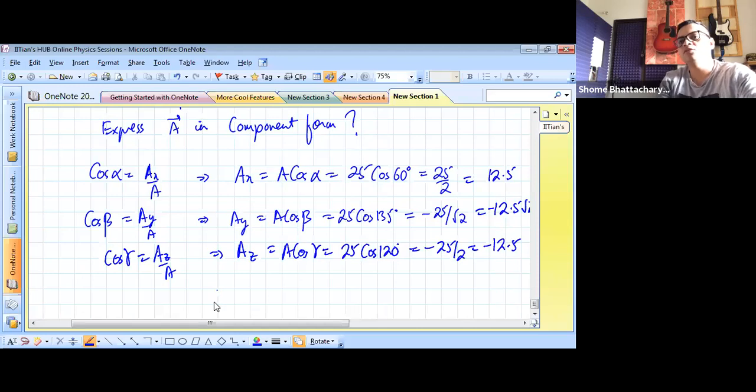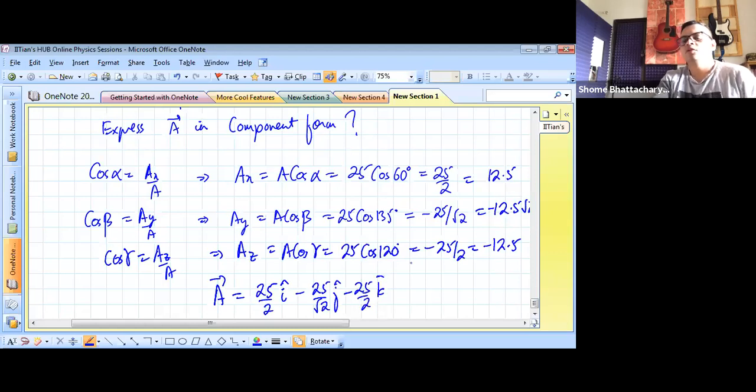So the vector E, the most simple way of expressing it is directly like this: 25 by 2 i cap minus 25 by root 2 j cap minus 25 by 2 k cap. Okay.